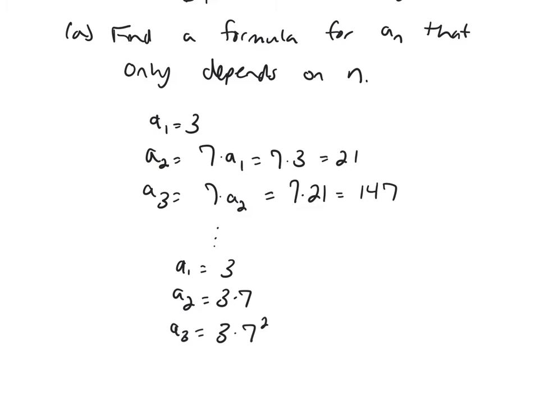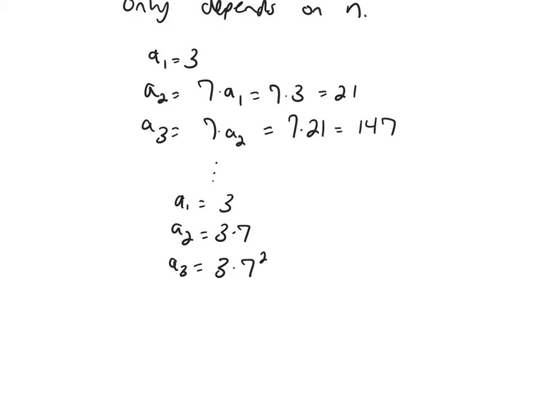So do you notice the pattern here? From this, you can probably see the pattern in general. A_n is 3 times 7 to the n minus 1. So there's our formula that only depends on n. It's no longer a recursive formula.